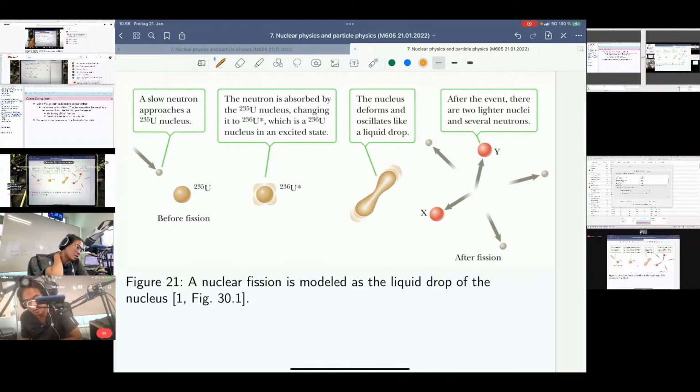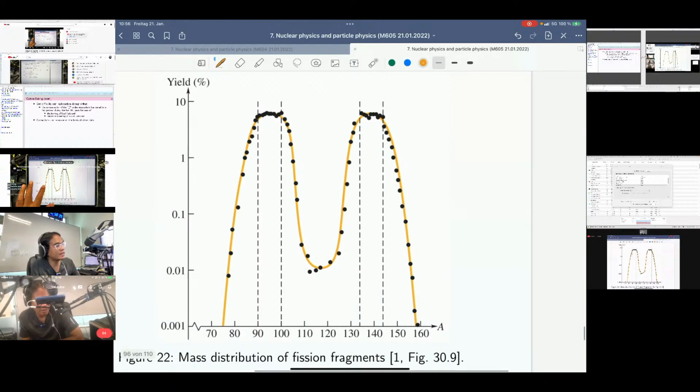The physicists have tried to collect the data from experiment, and here is the result. A means the number of nucleons inside the nucleus, right? And they found that this is the mass distribution of the fission fragments.